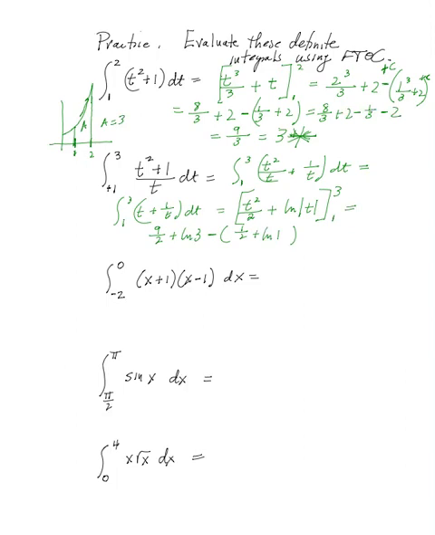Just input the top number, input the bottom number, subtract. So that's 9 over 2 plus natural log 3 minus (1 over 2 plus 0). The natural log of 1 is 0. So I get 9 over 2 minus 1 over 2. That's 8 over 2, or 4, plus natural log 3.